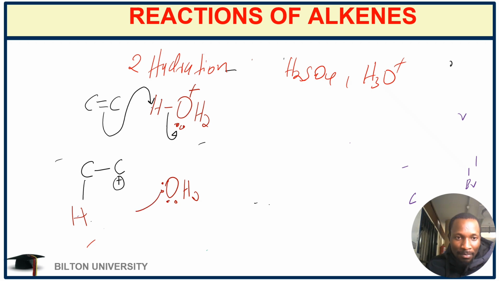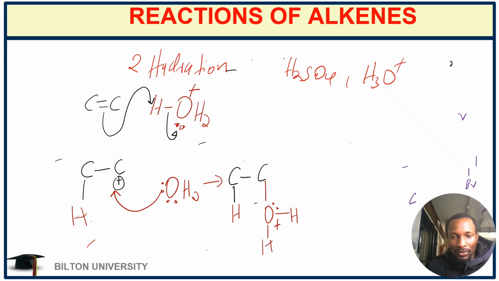So this is going to happen, and then we are going to have carbon, so we still have our H here, and then we have our carbon-OH2, and we have a positive charge because it lost these 2 electrons there, and also we have those 2 electrons. So this is what we have.